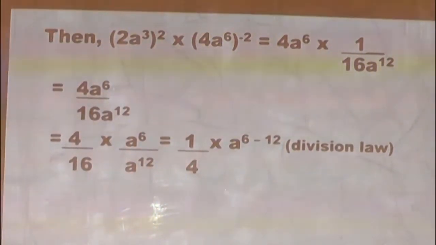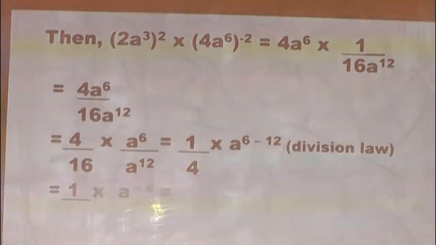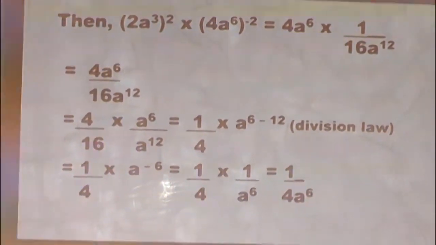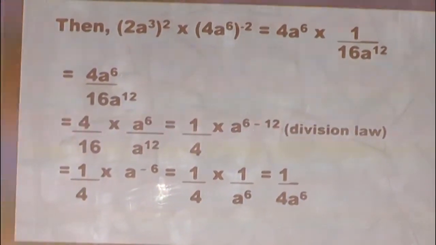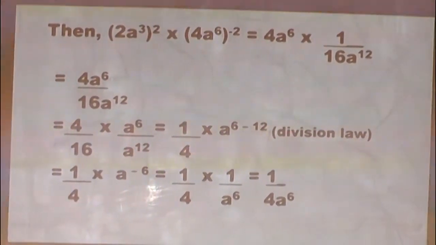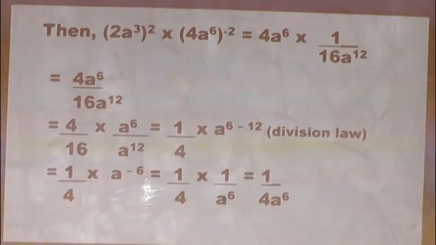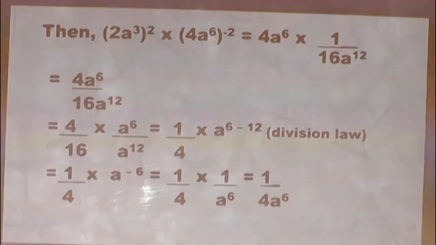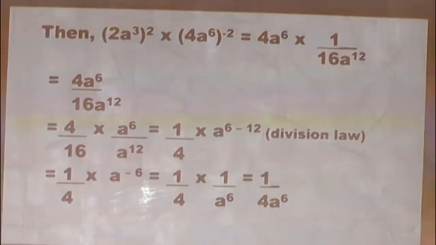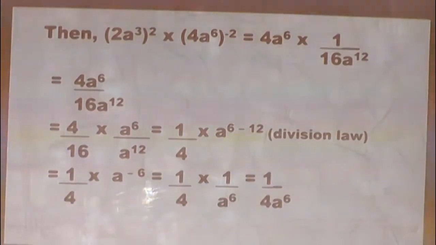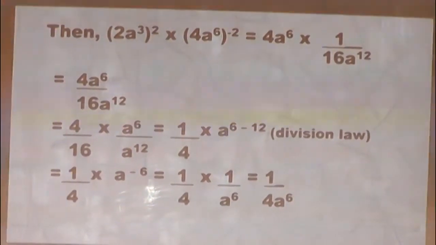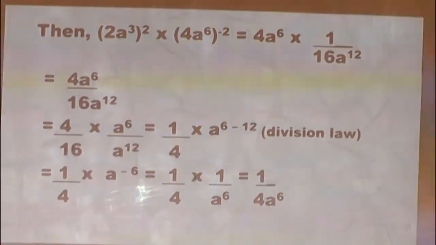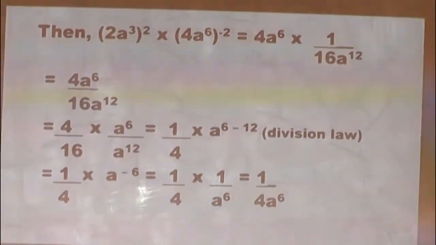And the result from there is going to be 1 all over 4 times a raised to the power of, if you minus 12 from 6, you are going to have negative 6. And this 1 all over 4 still remains 1 over 4. 1 over 4 multiplied by, if you apply reciprocal law here, you are going to have 1 all over a raised to the power of 6.